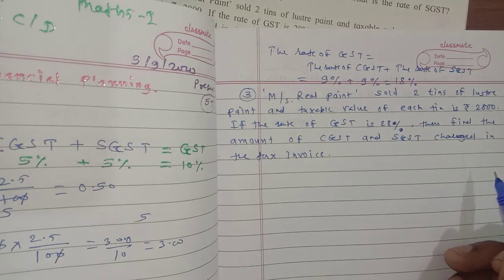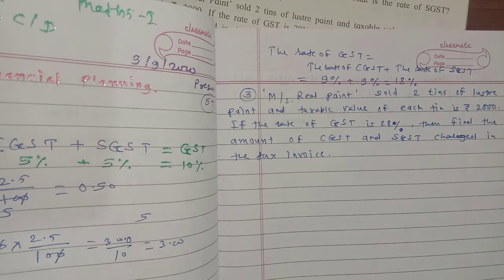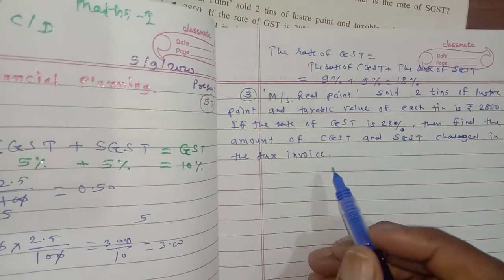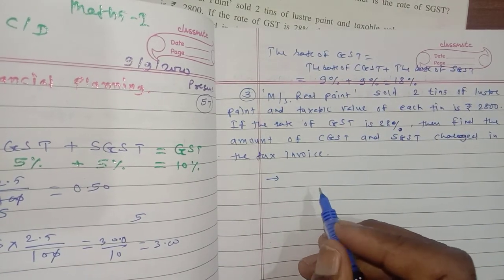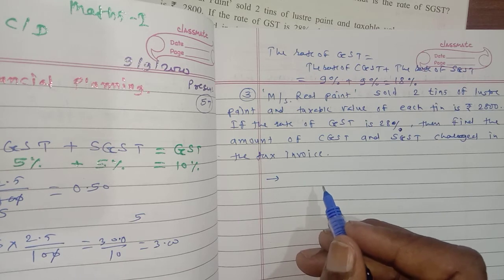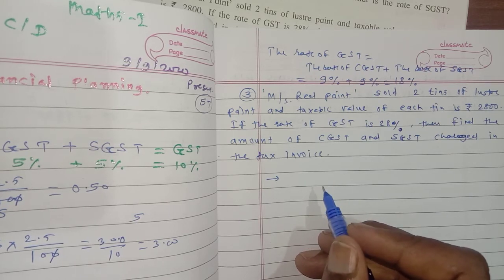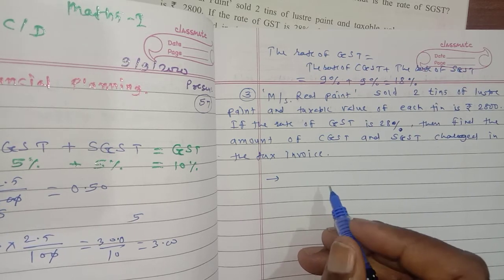Means we know the rate of luster paint is 2800. Quantity of this paint is 2. Therefore, the taxable amount of luster paint is 2800 into 2. Means you write first, there are 2 tins of luster paint. The value of each tin is 2800.